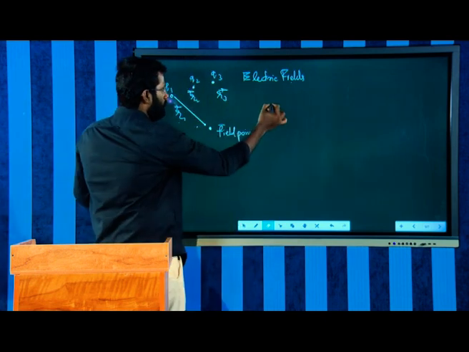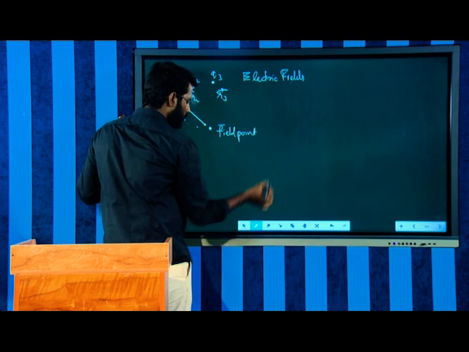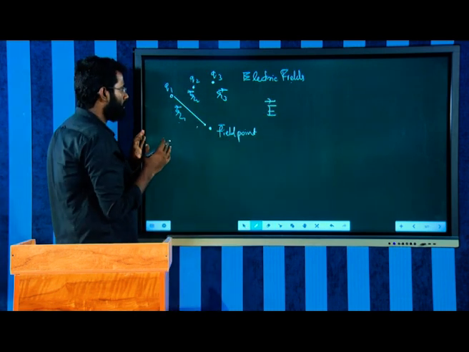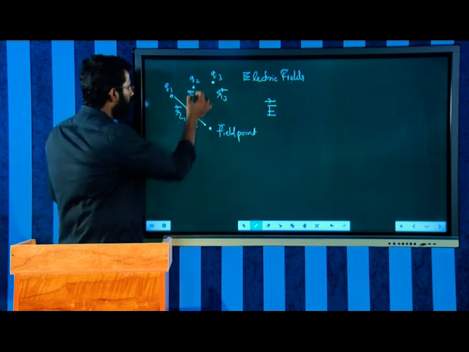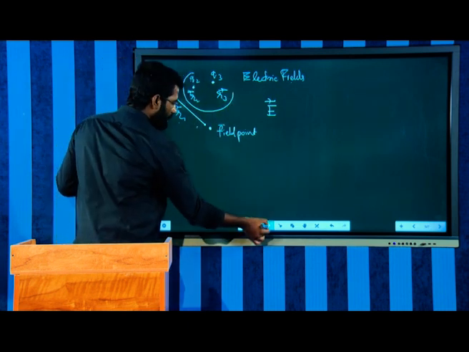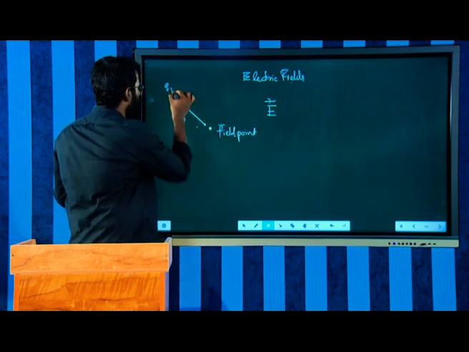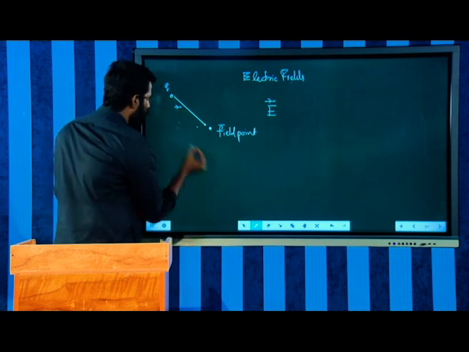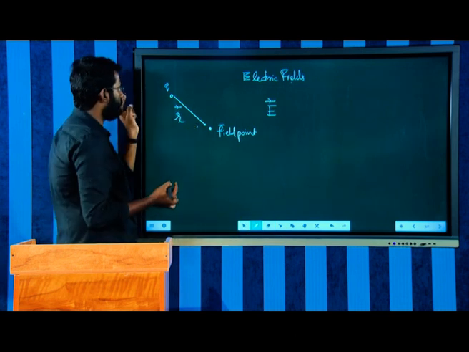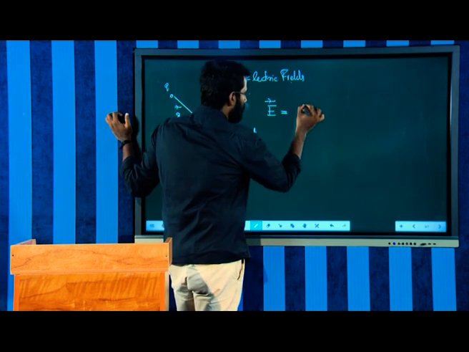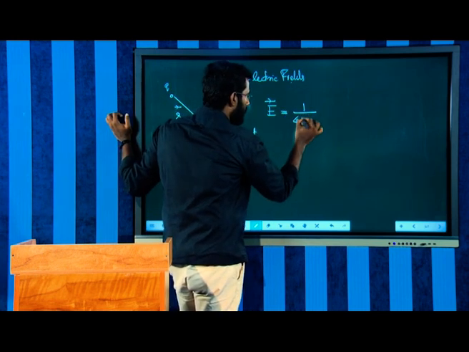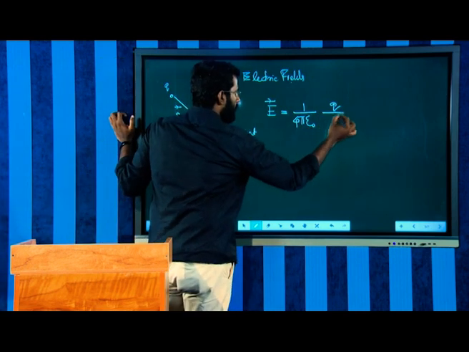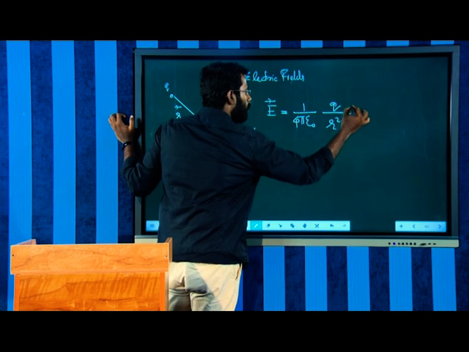Okay, now the electric field E is equal to, since there are multiple charges, we write the expression as seen before. Now we are considering only this single charge, that is the Q. So if there is only a single charge, then the expression for this electric field E is equal to 1 by 4 pi epsilon 0, Q divided by R square, into R cube.